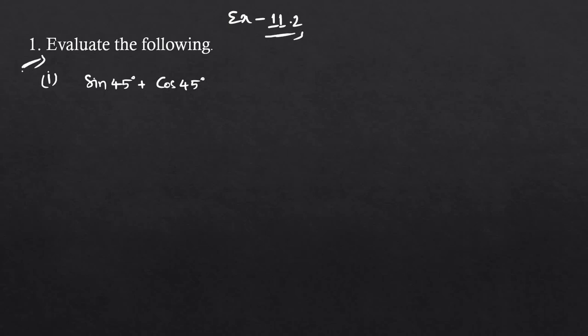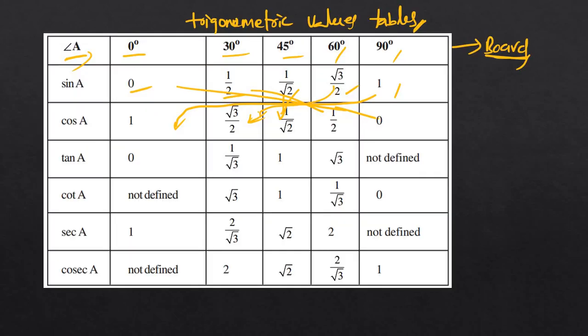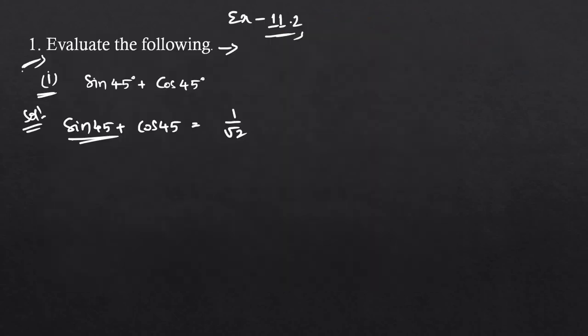First question: evaluate the following. The first one is sin 45 plus cos 45. Sin 45 degrees is equal to 1 by root 2. Please keep this trigonometric table with you and you will understand easily. Cos 45 is also 1 by root 2. The LCM is root 2, and the numerator 1 plus 1 is 2.